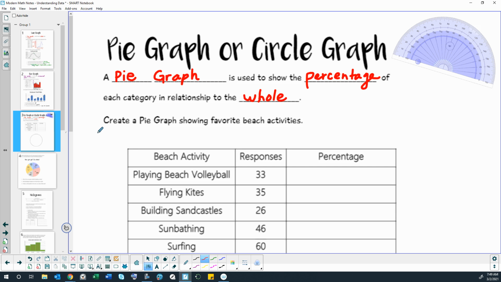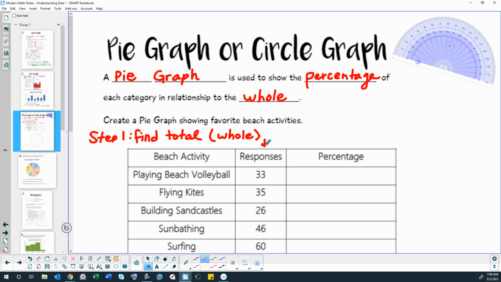Okay, so the first thing we want to do is find the total, because that is the entire whole set of data, right?